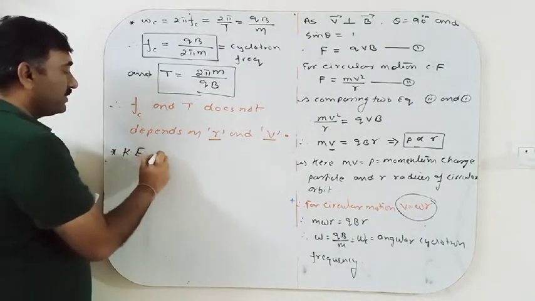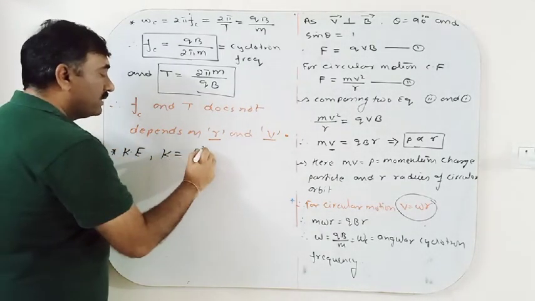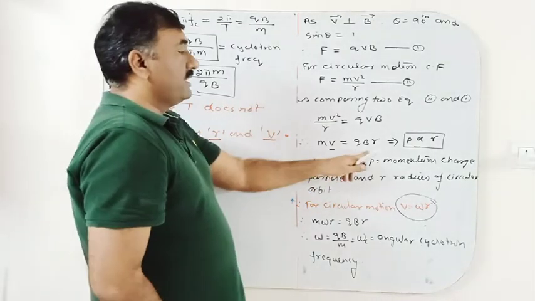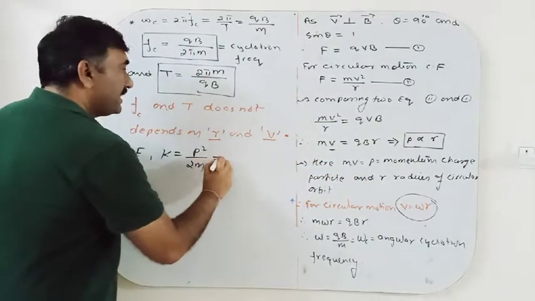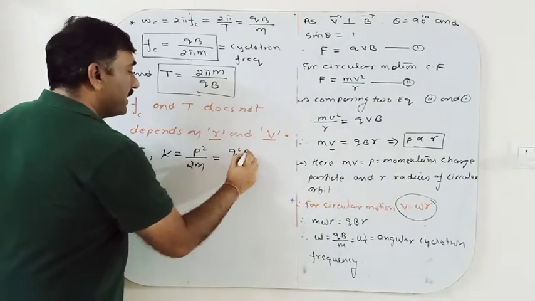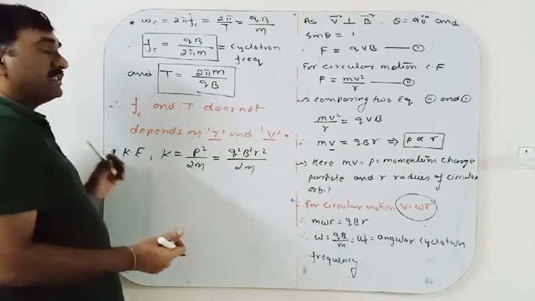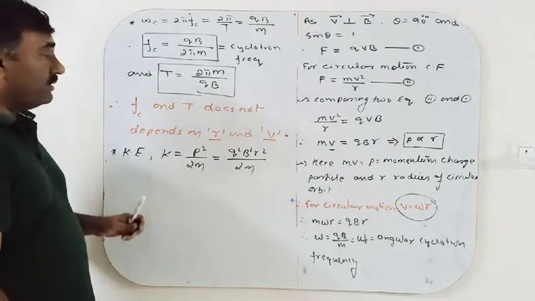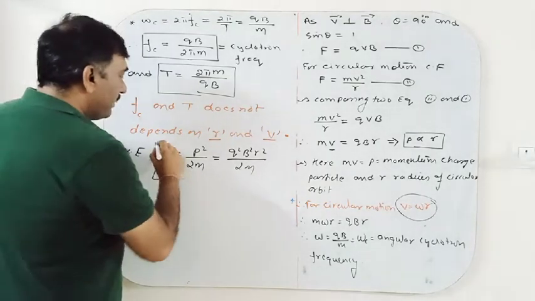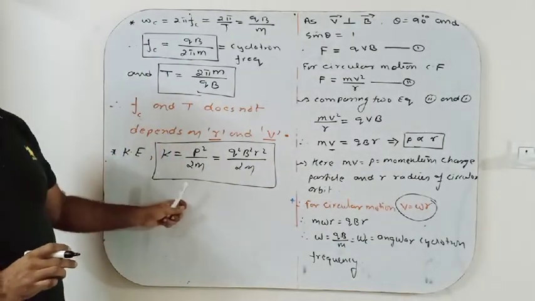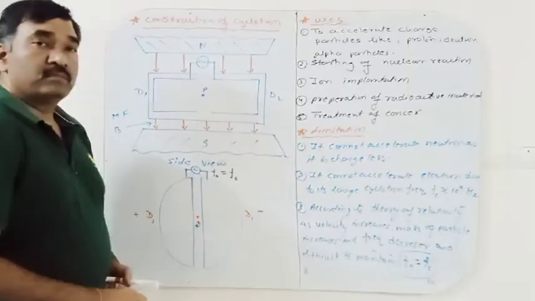The kinetic energy formula, K is equal to p square by 2m, and we know the momentum is equal to qBr. So it becomes q square B square r square upon 2m. As the radius increases, kinetic energy also increases. So remember this result, this formula; you are going to use it for calculation purposes.